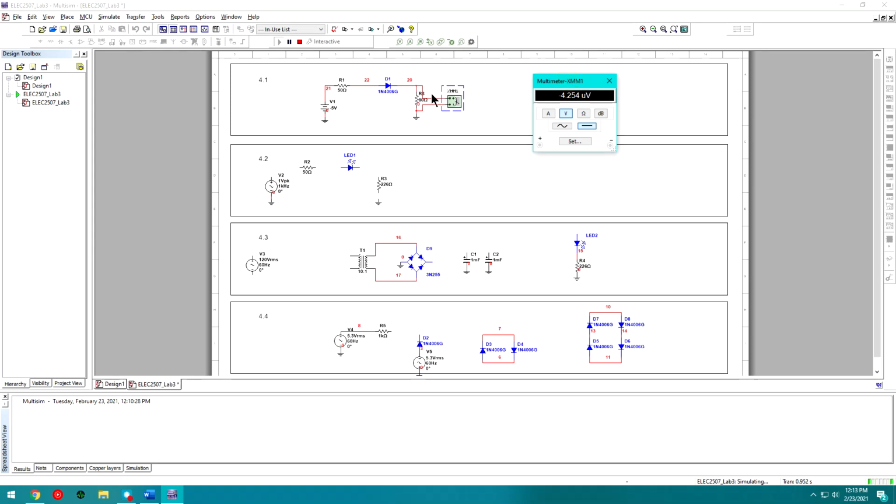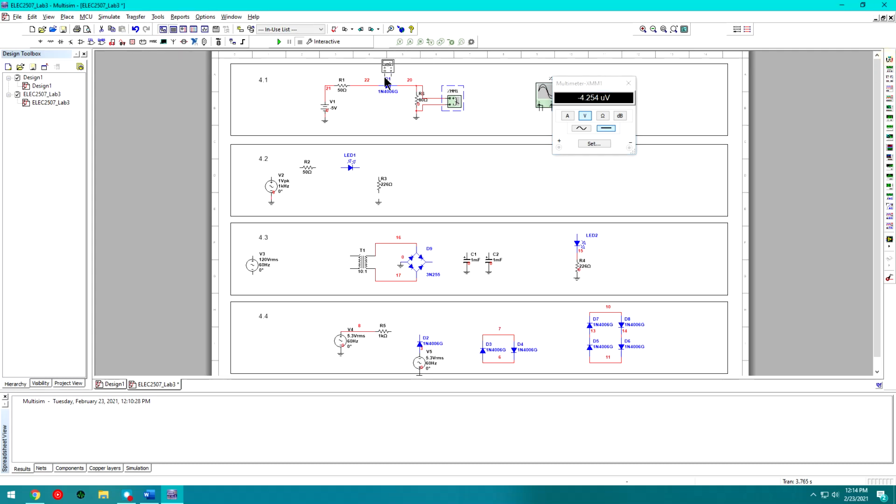So we can see now across my load, I virtually have 0 voltage drop. That can be considered for all intents and purposes 0. So don't worry about writing the negative 4.24 microvolts. Just call it 0.